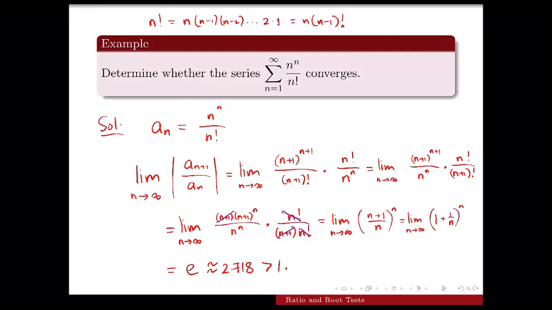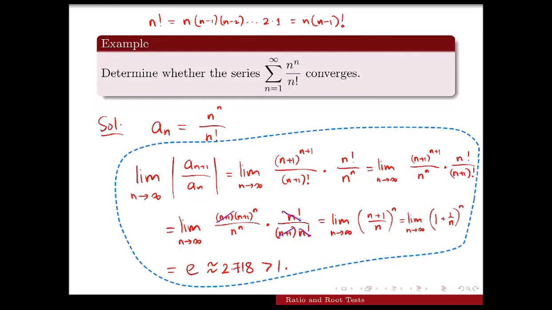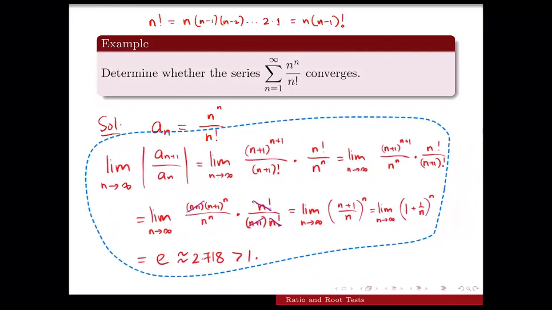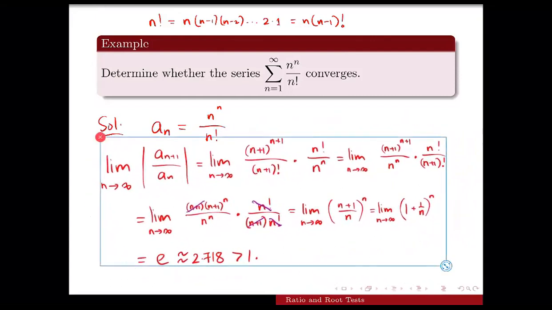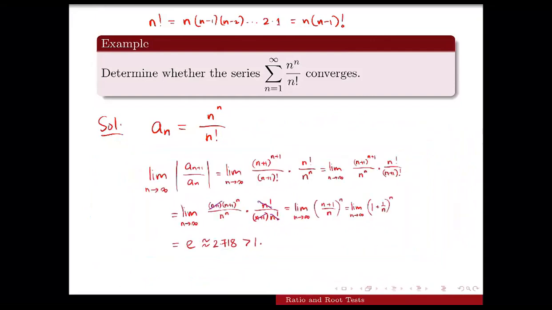Okay, that's greater than 1. Therefore, by the ratio test, the series n to the n over n factorial, from 1 up to plus infinity, is divergent.